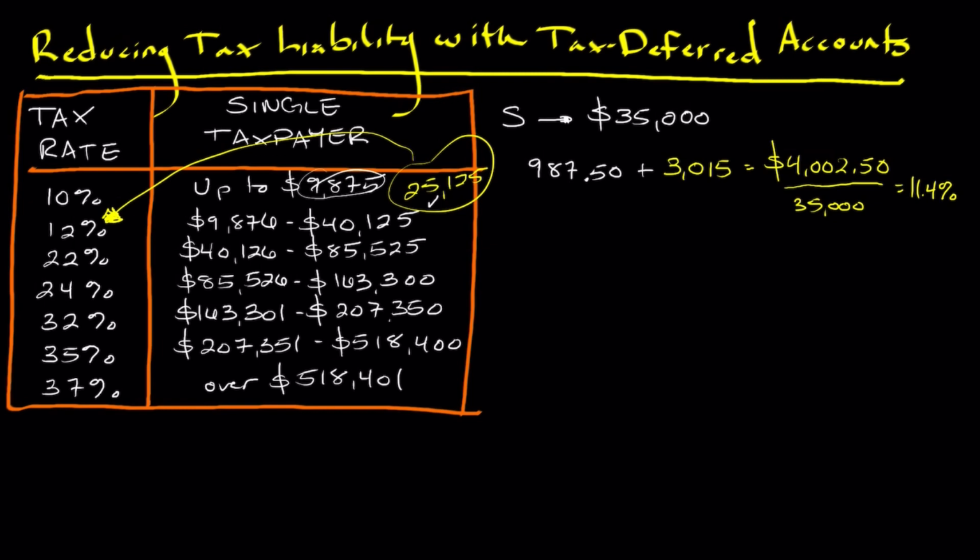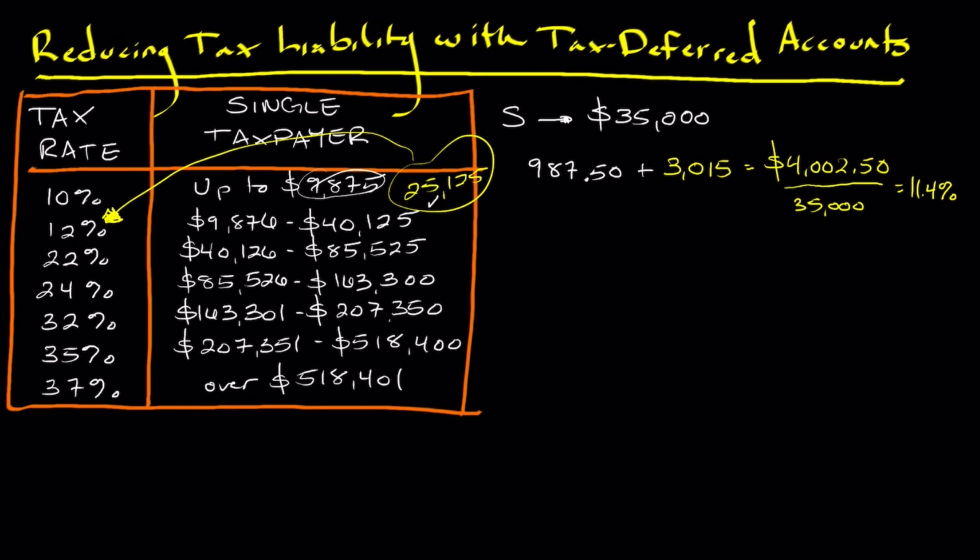So now I'm going to show you a common tax reduction strategy, or tax minimizing strategy, which is contributing to tax deferred accounts. This serves two purposes. One, it allows us to contribute money to something that will grow over time, like a retirement account, for example, which we can, of course, draw on when we're at retirement age.